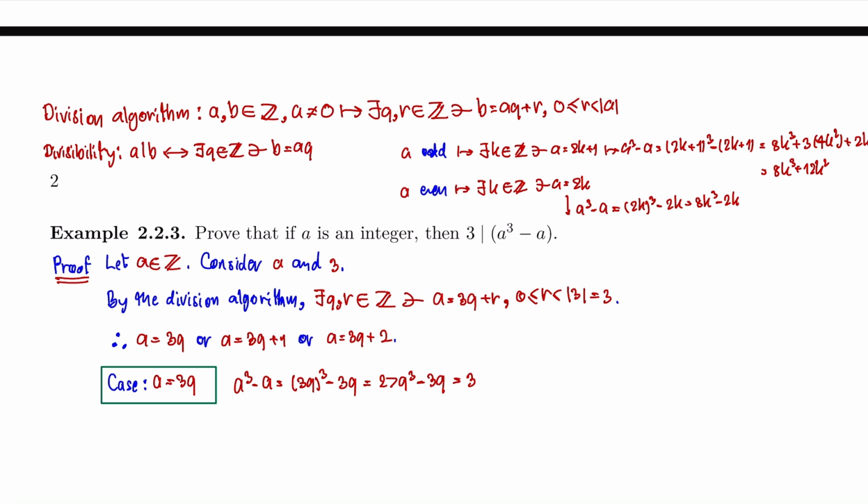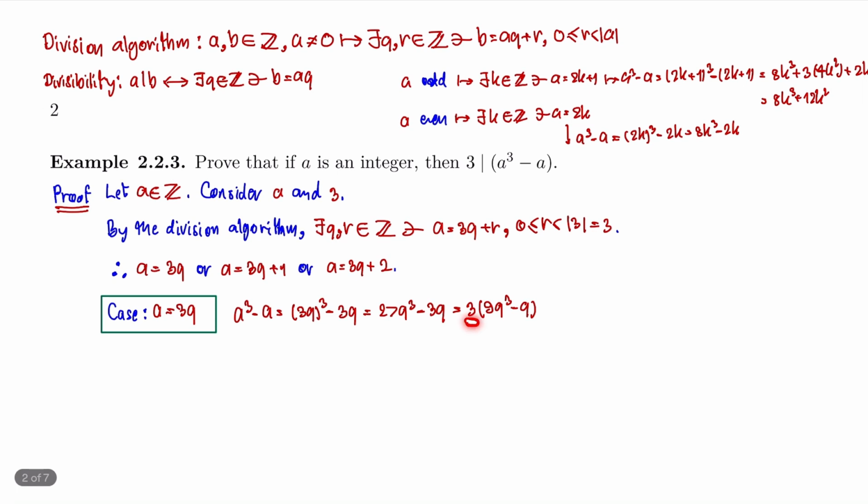So we're going to have 3 times (9q cubed minus q). So 3 is a factor of a cubed minus a. In this case, by divisibility, 3 divides a cubed minus a.